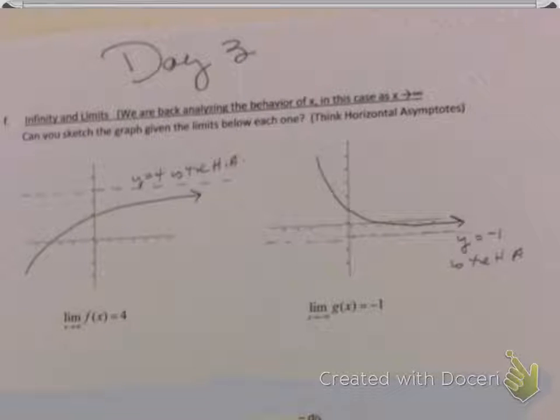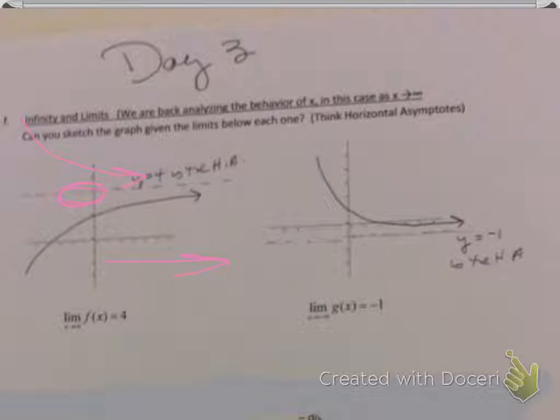I said it could look like what I have drawn here. However, it could also look like, let's see, how about if I draw it on top? It could also look like this, coming down. The only requirement is, as x gets bigger and bigger, meaning you're going to the right on the number line for x's, my y value will be approaching 4.